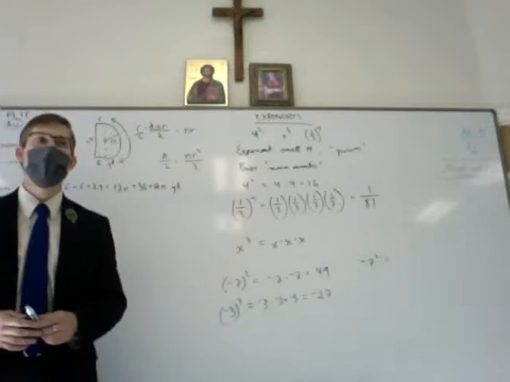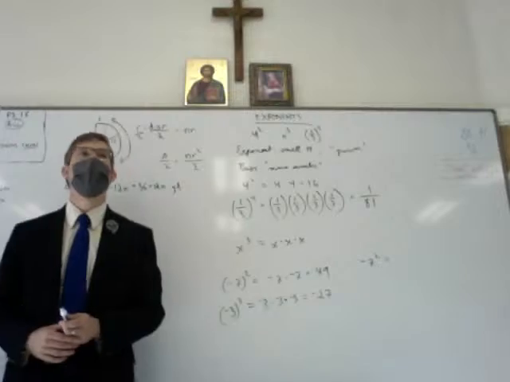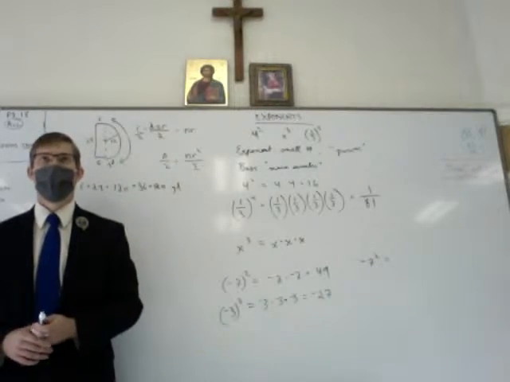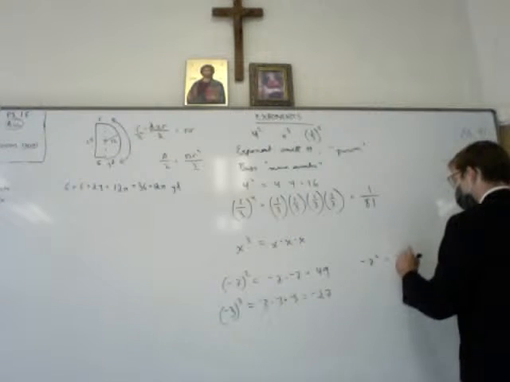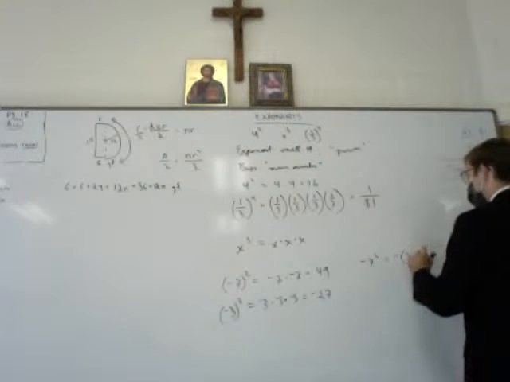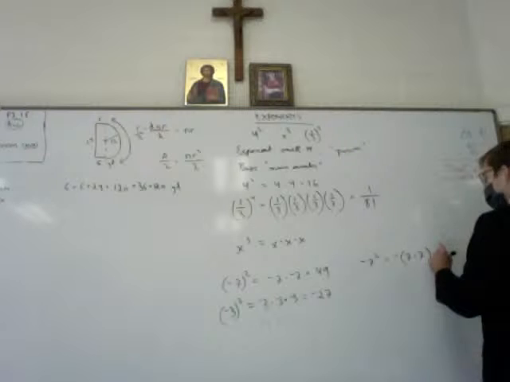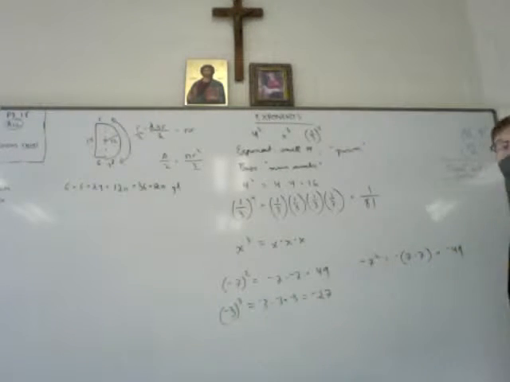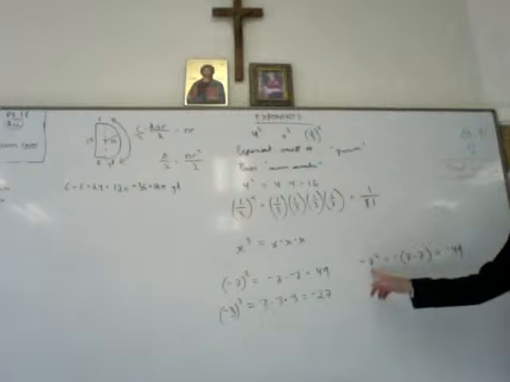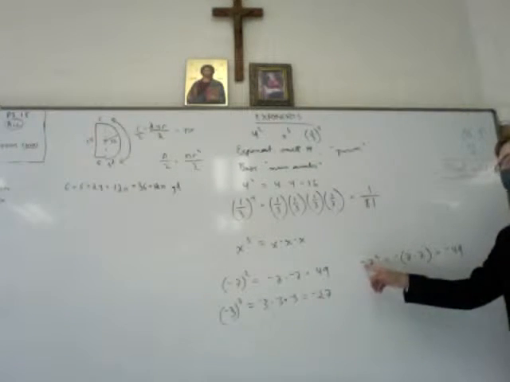Do we do the exponent first, or do we do the multiplying by negative 1 first? The exponent comes first. So what's 7 times 7? It's 49, and then we make it negative. We do the exponent first. First we square 7, we get 49, and then we make it negative.